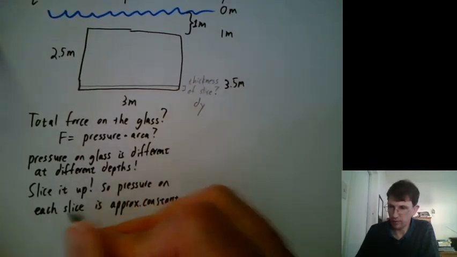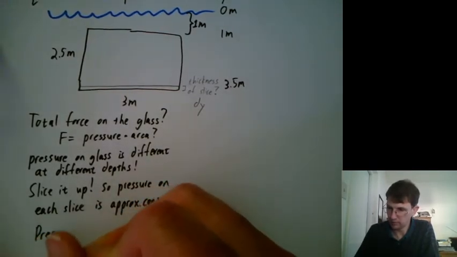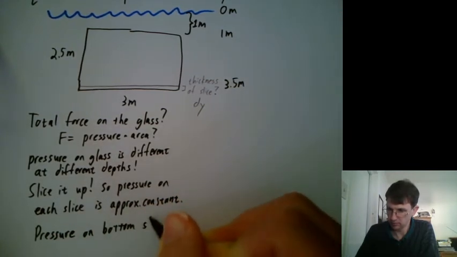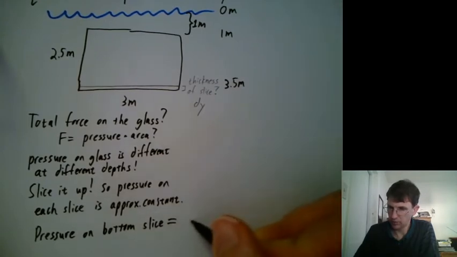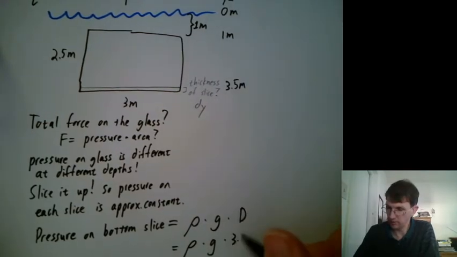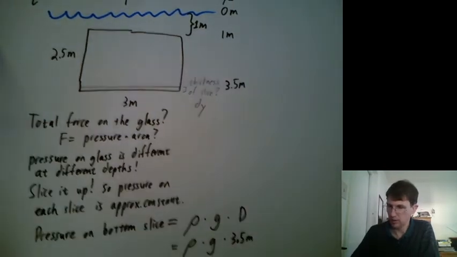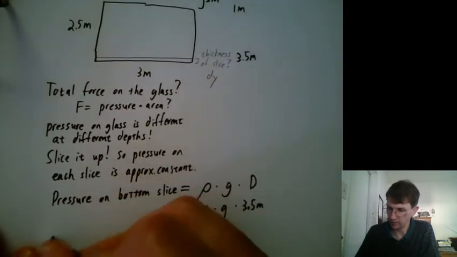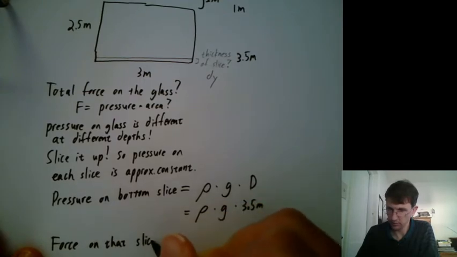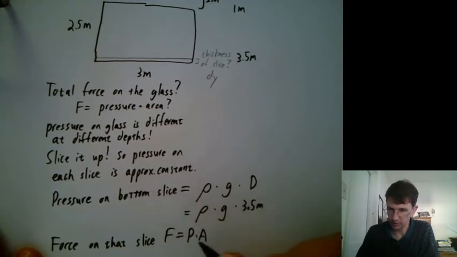So what's the pressure on that bottom slice? Well, remember the formula for pressure is rho times g times depth. We know rho, we know g. What's the depth of that bottom slice? 3.5 meters. What's the force on that slice? Well, force is equal to pressure times area.